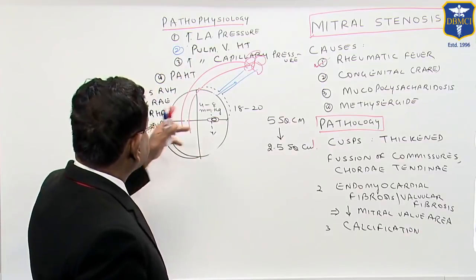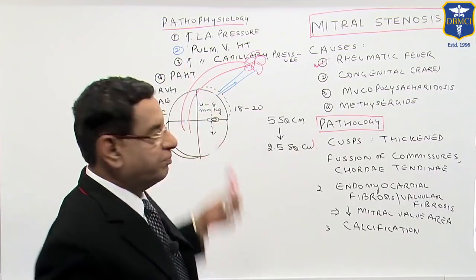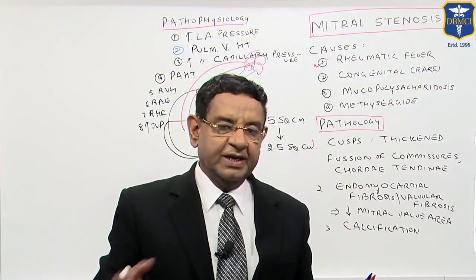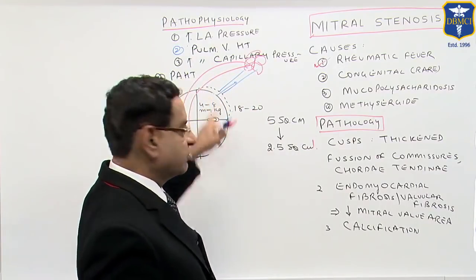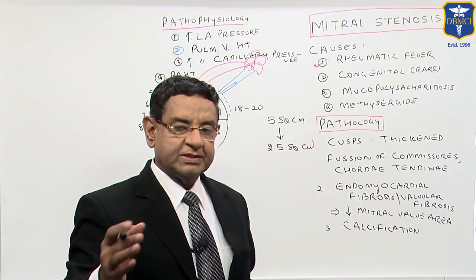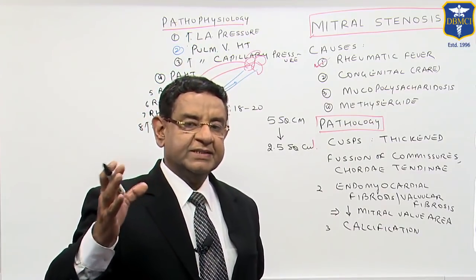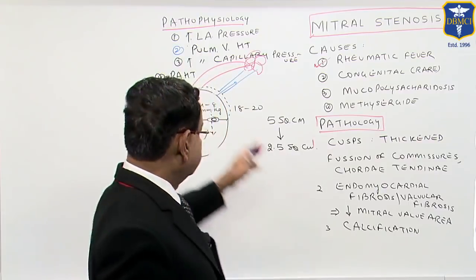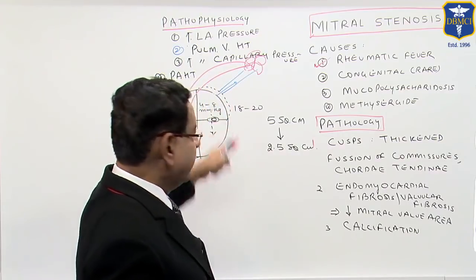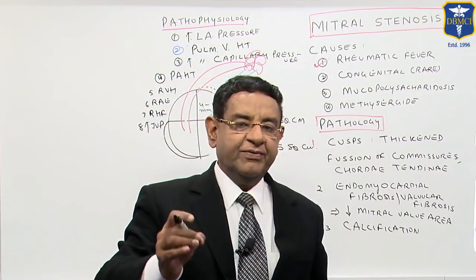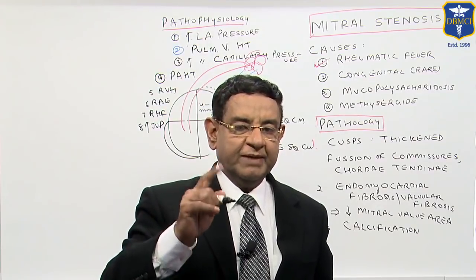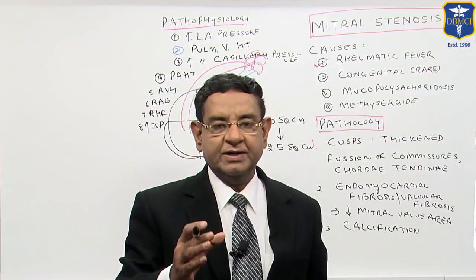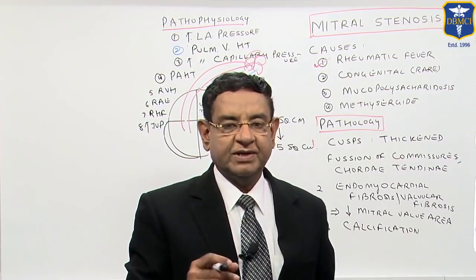Now let's see. This was all due to the pressure effect. Just now we learned that LA size also increases, anatomically also. As LA size increases, just behind the LA goes the left recurrent laryngeal nerve. Before I proceed further, let me tell you one basic anatomy feature.